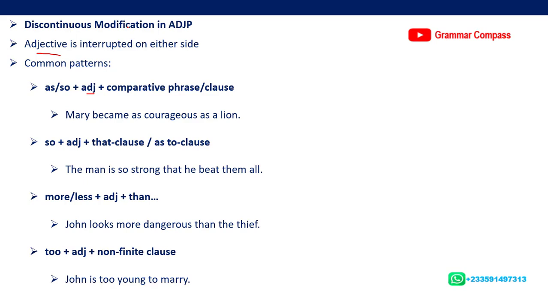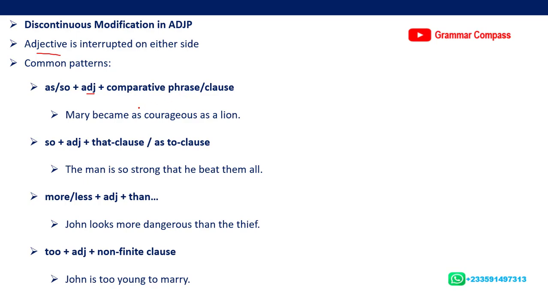It is split by extra information that modifies or intensifies it. So let us see the common patterns. That is, we can have an adjective which is split by the words as or so before it, and then a comparative phrase or clause after it.